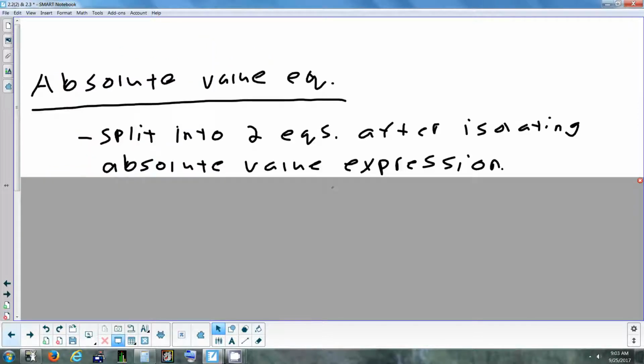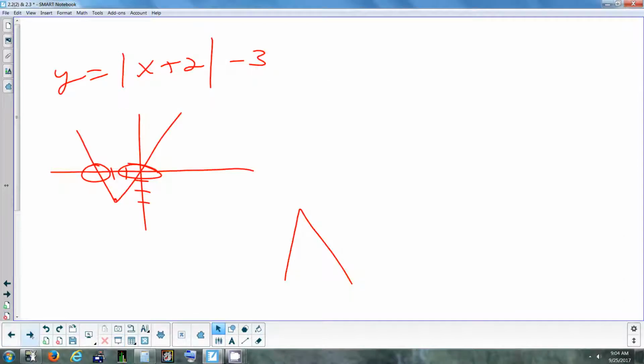So how do we do that algebraically? Take your equation and split it into 2 equations, but only after you isolate the absolute value.